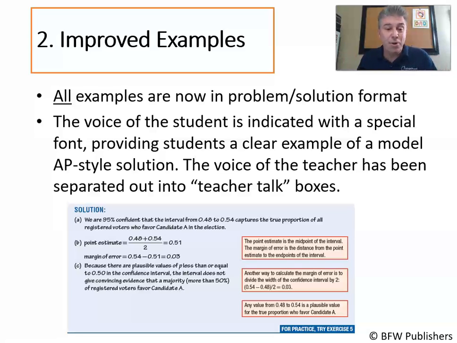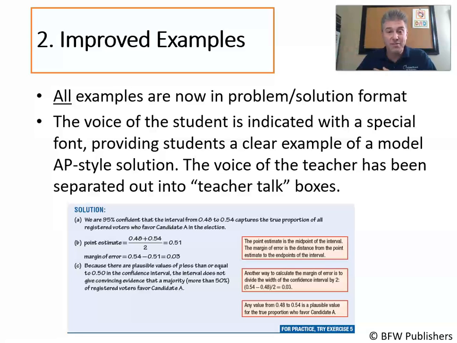That doesn't need to be part of the student solution, but that's something we want students thinking about as they work through this example. In the 5th edition, that was more or less integrated into one longer solution, and that was challenging for students to know what exactly of this longer solution they need to include in their answer. Now it's very direct for students that they can see, yes, this is what an answer to this type of question is supposed to look like.